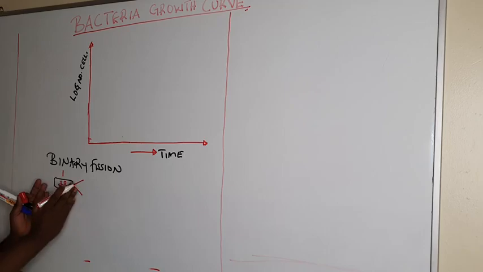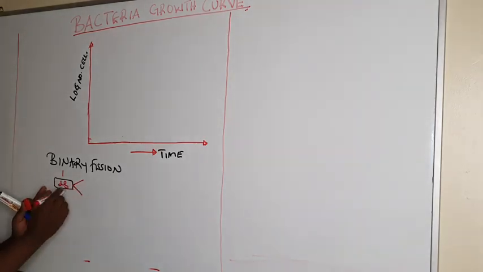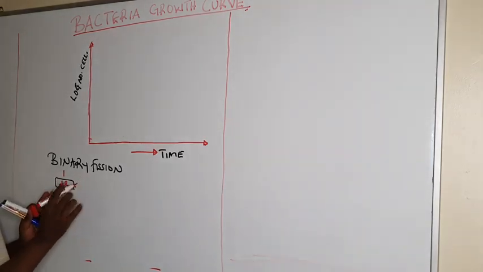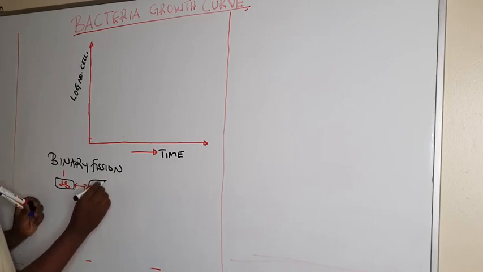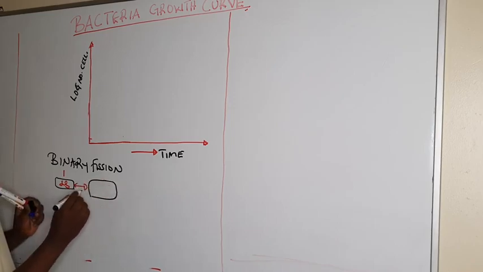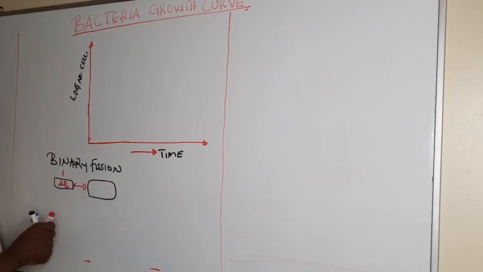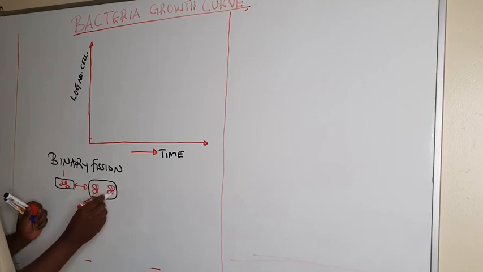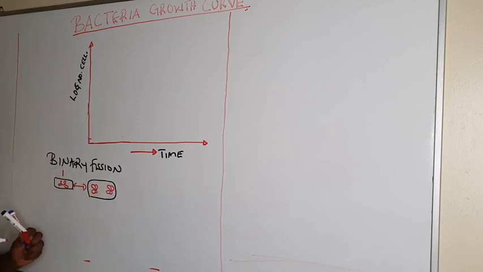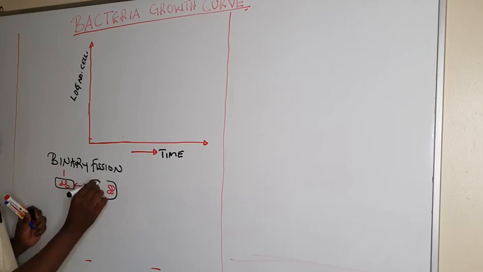The bacterium increases in size, and the DNA divides into two. This circular chromosomal DNA divides into two, and this single-celled bacterium develops a furrow.